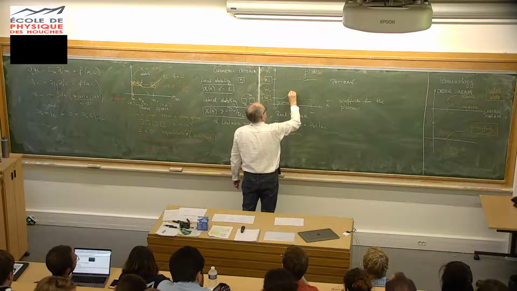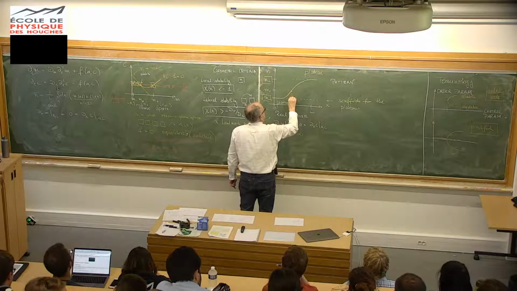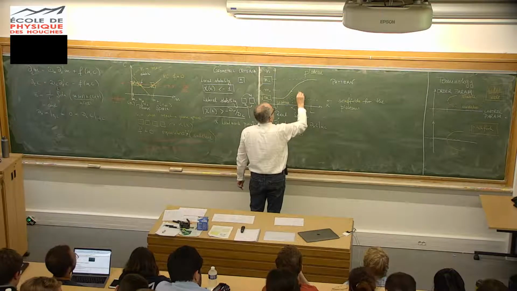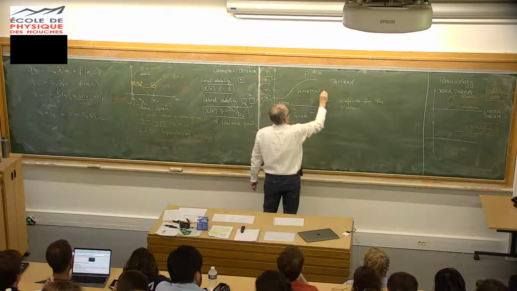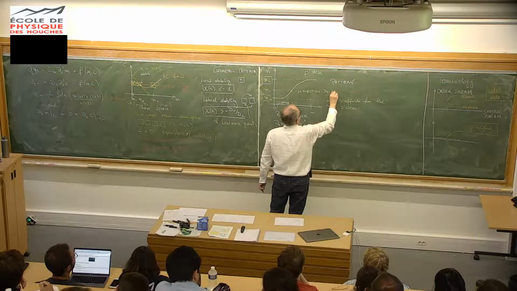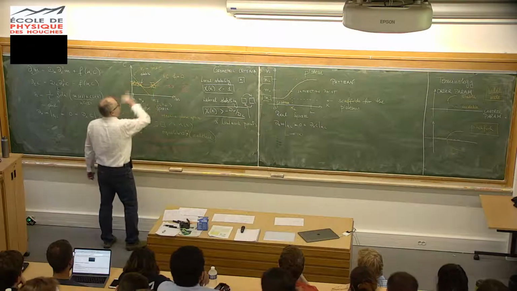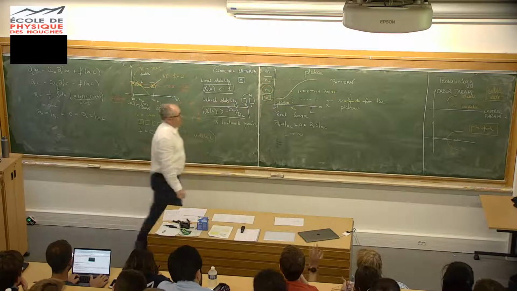Let me draw it. Hope I get it right. So here, at this point x0, you have an inflection point. And this is this point here indicated by m0.